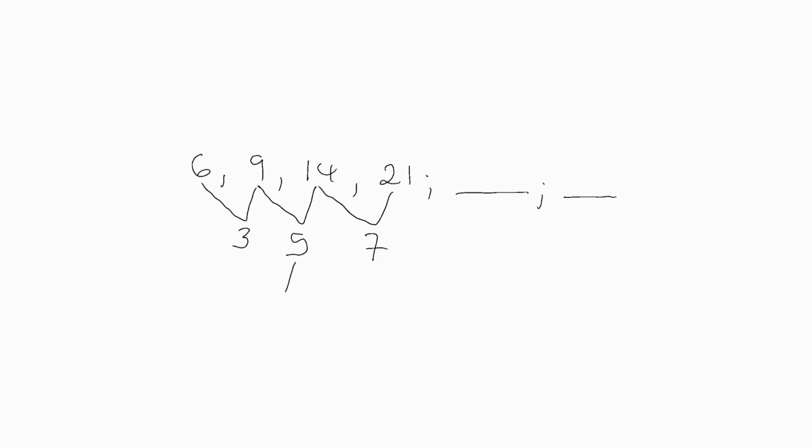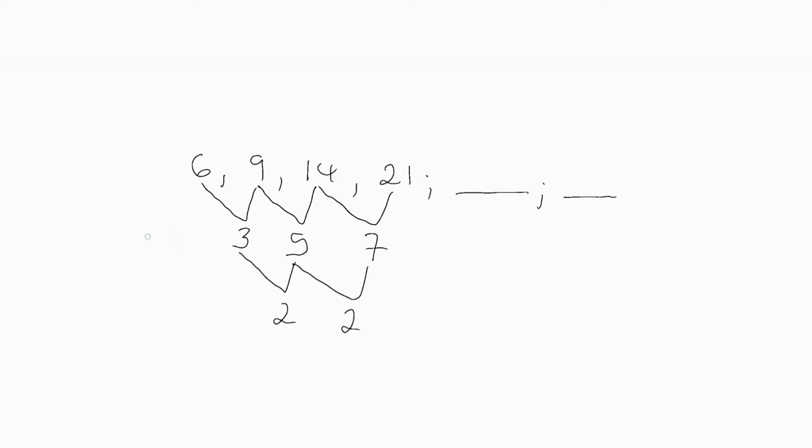But we can still proceed from here and test if it's a quadratic sequence by checking if we are going to get a common difference with these differences. So 5 minus 3 is 2. 7 minus 5 is 2. So it seems now we are getting a common difference. That means this sequence is a quadratic sequence. So from here, how do we get the next two terms?